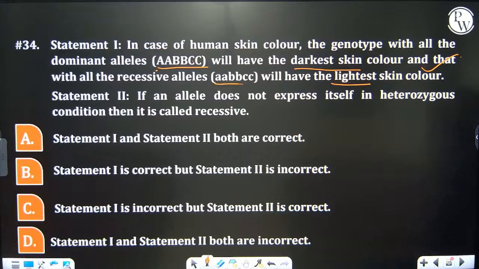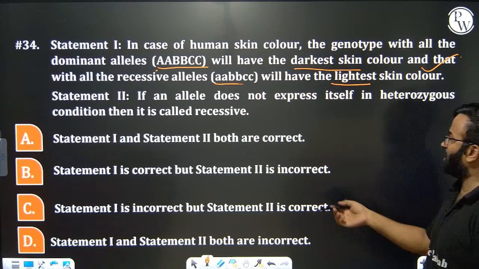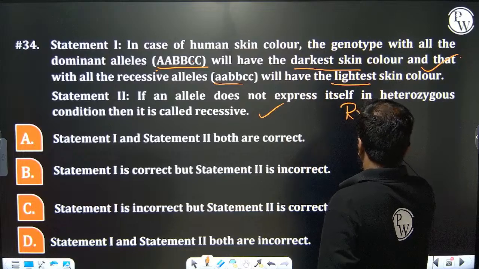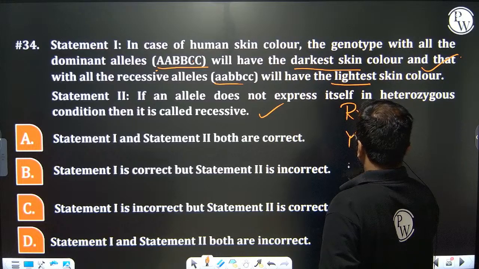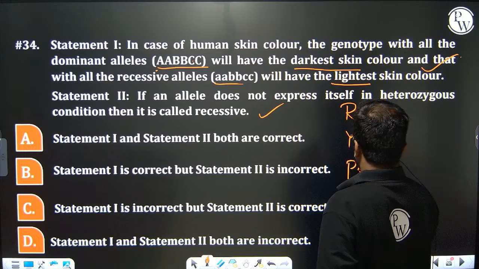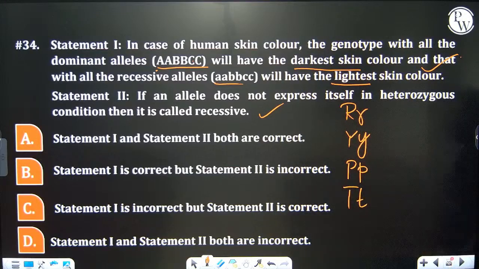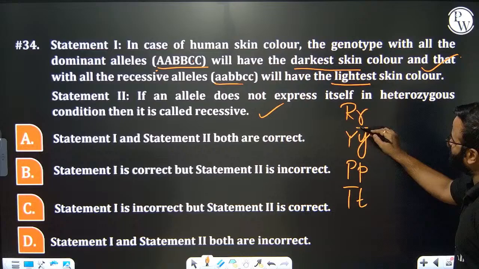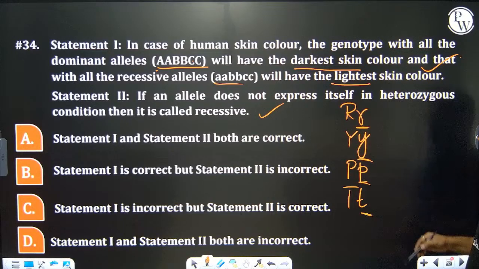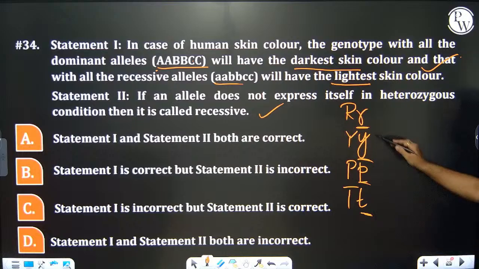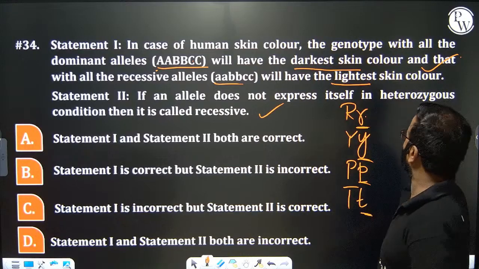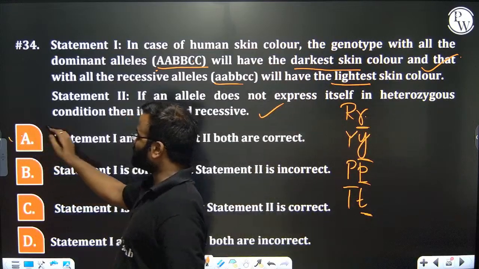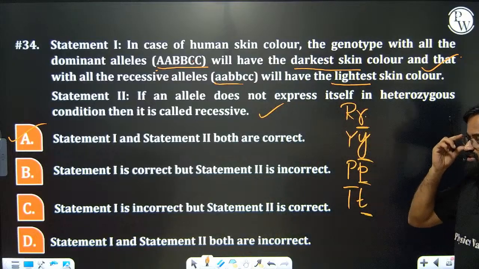If an allele does not express itself in the heterozygous condition, then it is called a recessive allele, which is true. So I would go with both the statements as true.